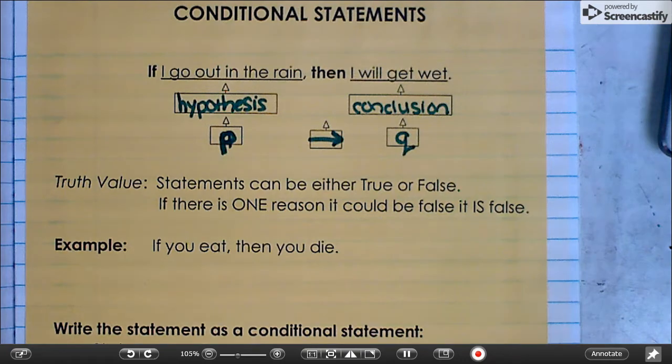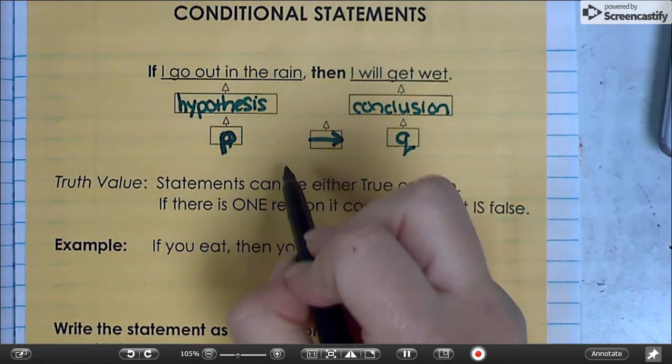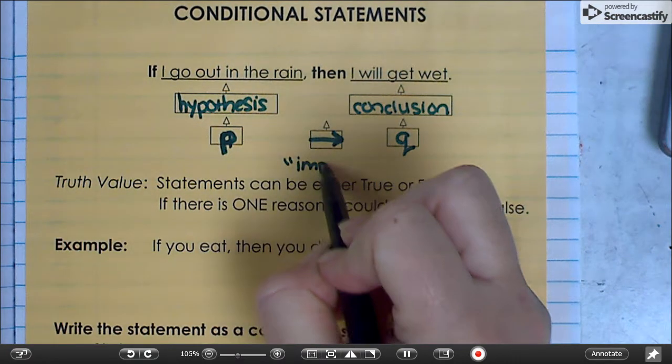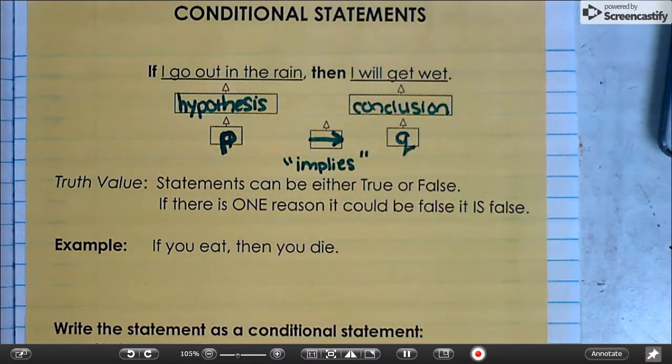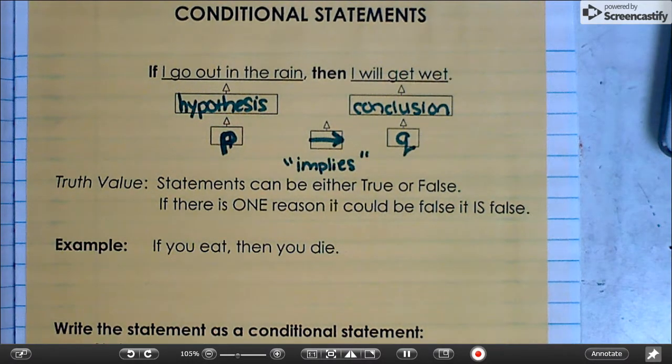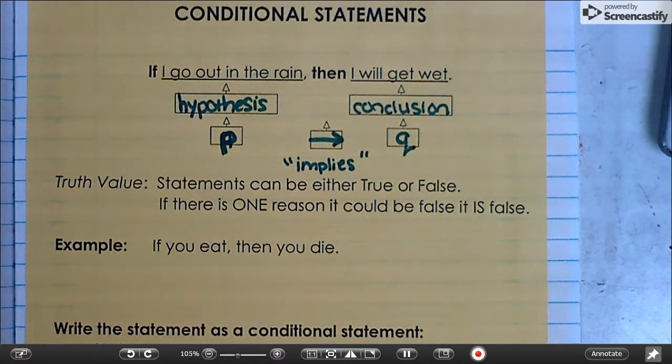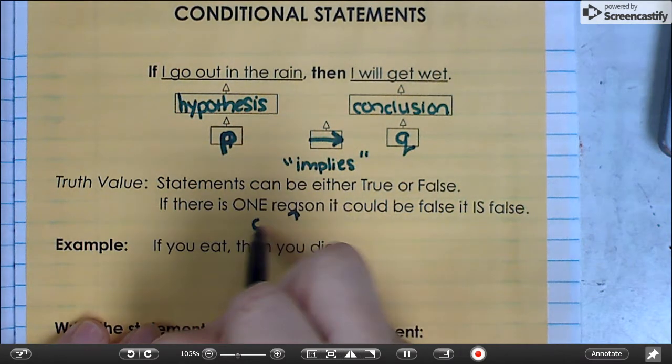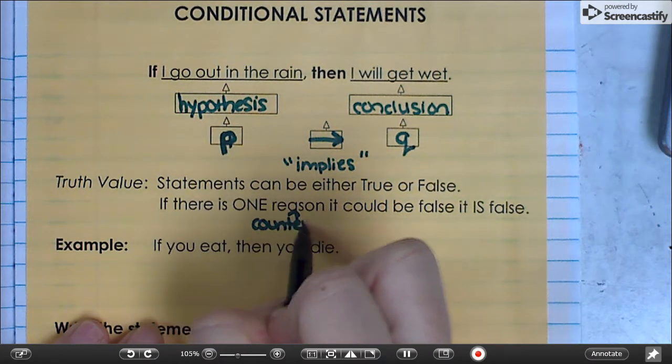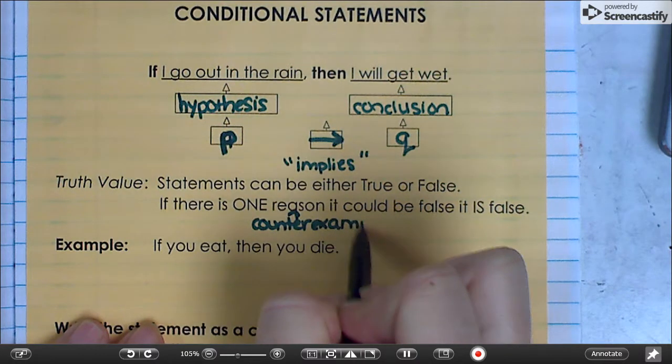It kind of is if P then Q, but the arrow really means implies. So P implies Q. So as I said before, these statements can be either true or false. If you can find even one reason that it could be false, then it is false. And that reason is called a counterexample, which you'll learn more about in my other video.